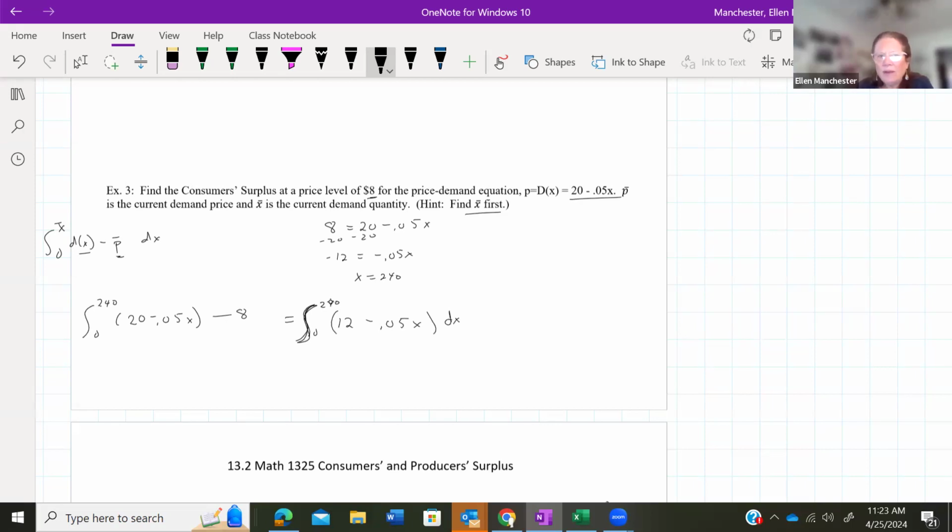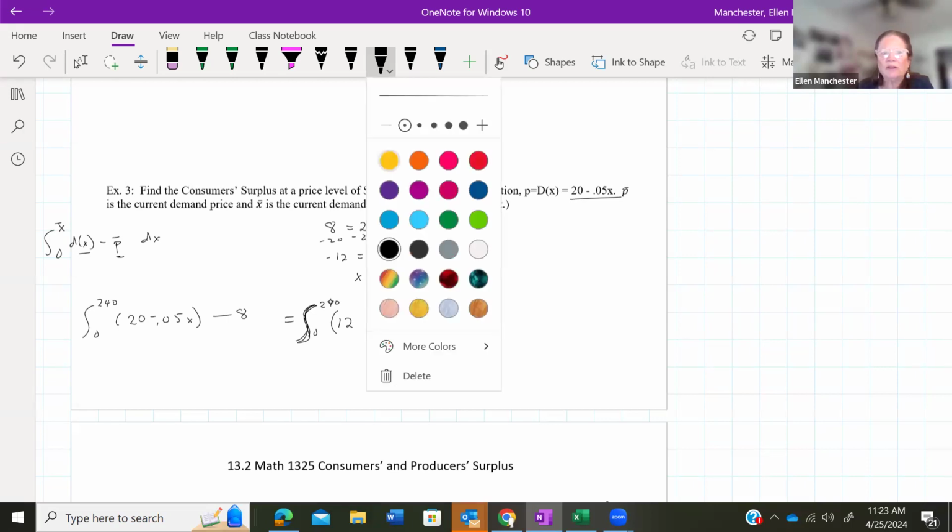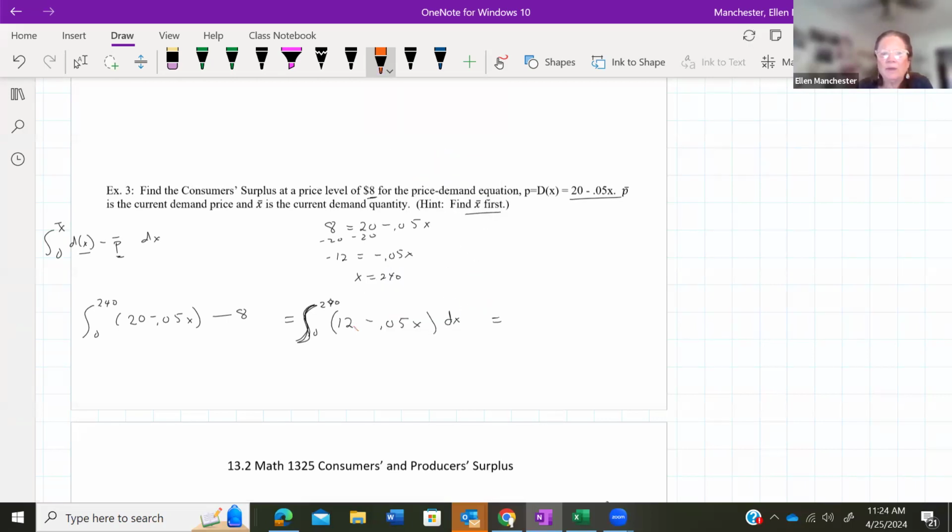Okay, now I'm going to find the antiderivative. So the antiderivative, I have a constant, so I'm going to add my x. Here, I'm going to add 1, divide by 2. So I end up with 12x, and then 0.05 divided by 2 is 0.025 x squared. And then I'm going to evaluate between 0 and 240.